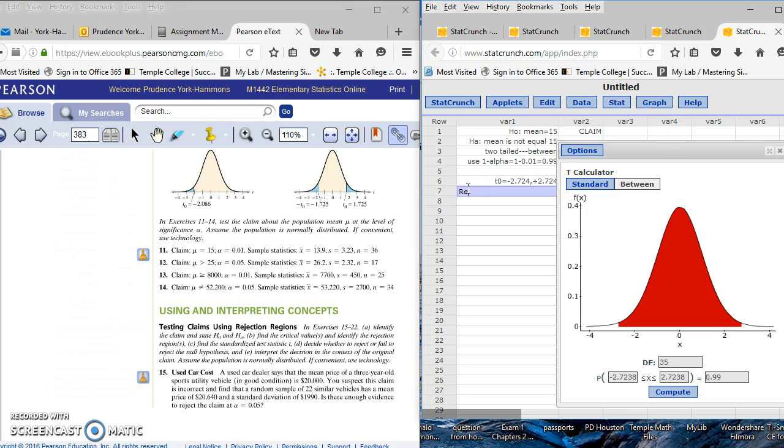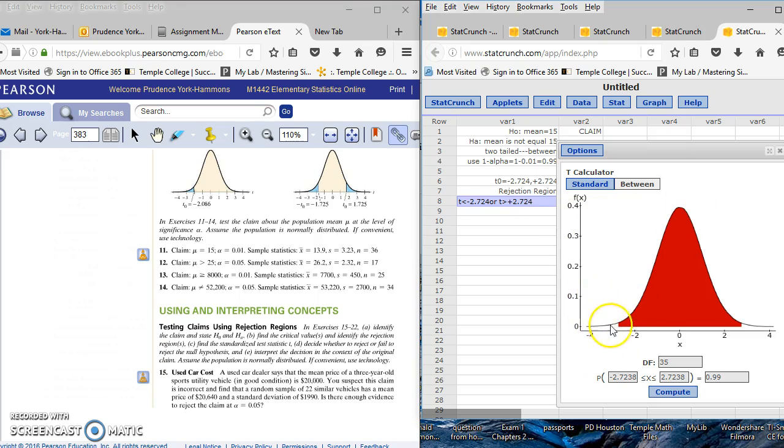Now your rejection region is when your t-test statistic, the one you get from running the t-stat, is less than a negative 2.724, or when it's greater than a positive 2.724.